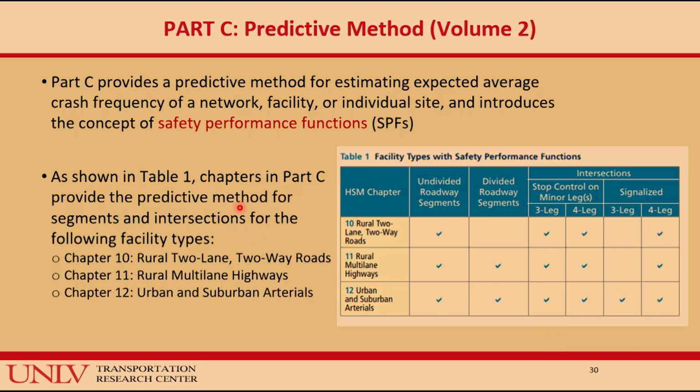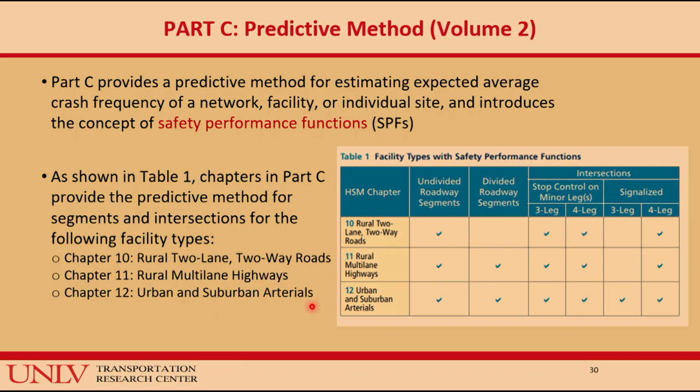Table 1 in part C has predictive methods for different types. Chapter 10 is focused on rural 2-lane 2-way roads. Rural roads, not urban, 2-lane roads and 2-way, no divider, no separation of traffic.